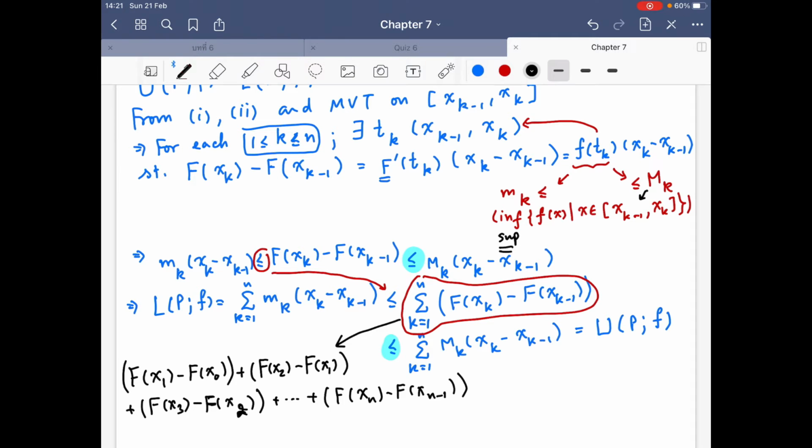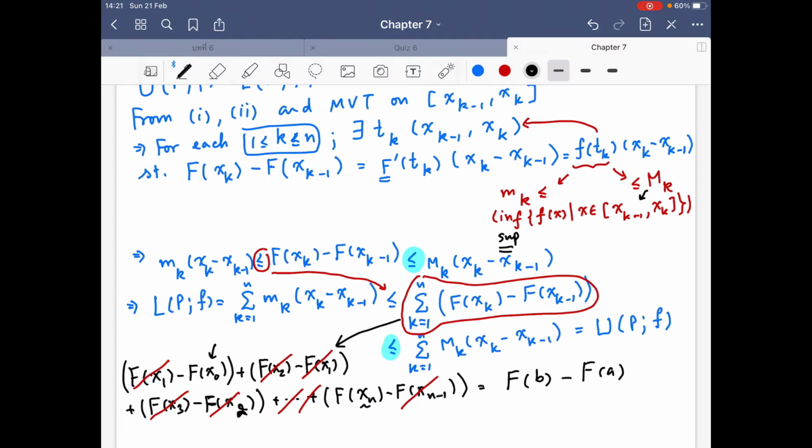Okay, so again, the first term previously will cancel the last term following. So the first will cancel this one, and the first term here will cancel the last one on the next, and the first term somewhere here will cancel that last one there. So you end up with your f at xn, which is b, and f at x0, which is a.